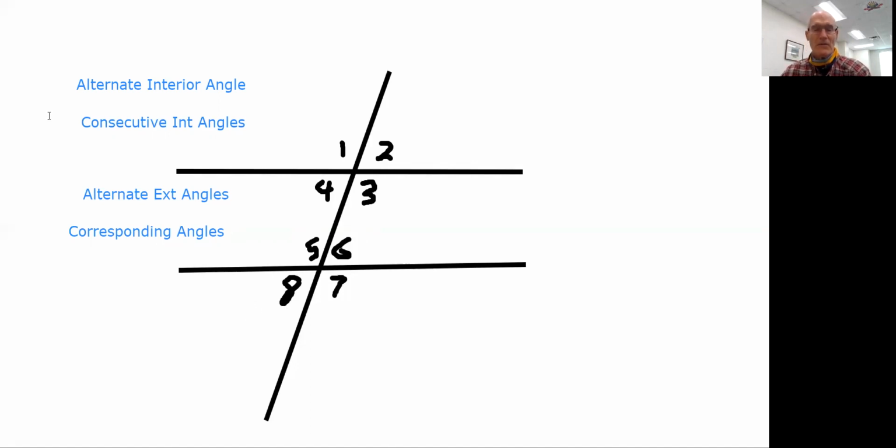And then we have the three theorems. Alternate interior angles are congruent, consecutive interior angles are supplementary, and alternate exterior angles are congruent. Now, if I'm trying to prove, for instance, that angle 4 is congruent to angle 6, we put our little congruent symbol on top of this equal sign here.